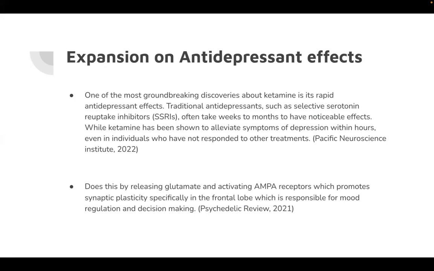So that is why ketamine treatment facilities have been popping up. It's kind of seen as the cure for depression. It does this by releasing glutamate, activating AMPA receptors, which promote synaptic plasticity, specifically in the frontal lobe, which is responsible for mood regulation and decision making.